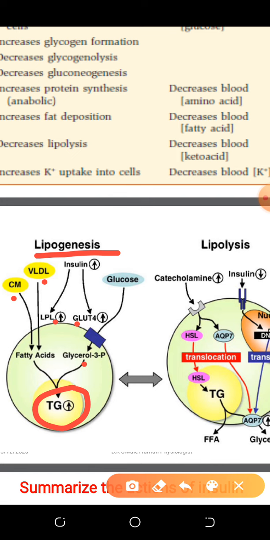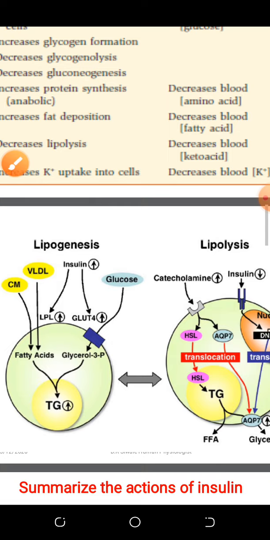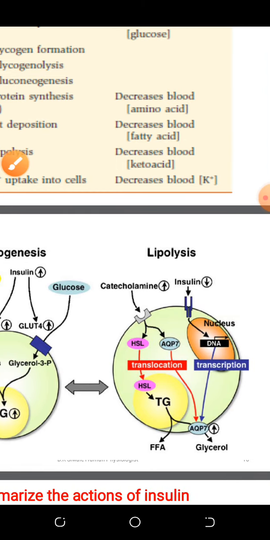Okay, so this is just the opposite: lipolysis. One of the hormones that contributes to lipolysis, whenever there are low levels of insulin, is glucagon. Under lipolytic conditions, we can have catecholamines, which we know are released by the sympathetic nerves. Catecholamines such as epinephrine stimulate adrenergic receptors located on the surface of the adipocytes.